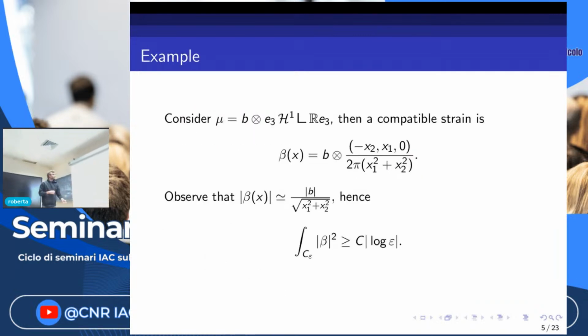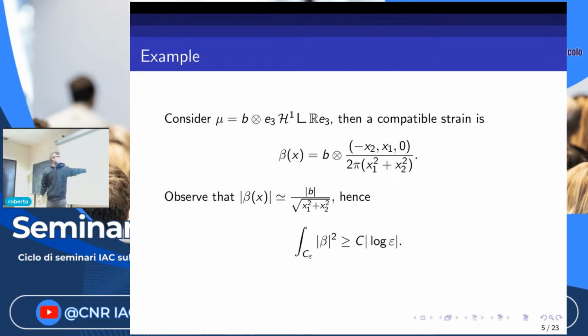This is an example, because maybe that was a little bit abstract. Given the dislocation I drew here, in the third direction with constant Burgers vector B, what is a compatible field? This is a compatible field. If you are familiar with the winding number, it is the form that tells you how many times you wind around something.